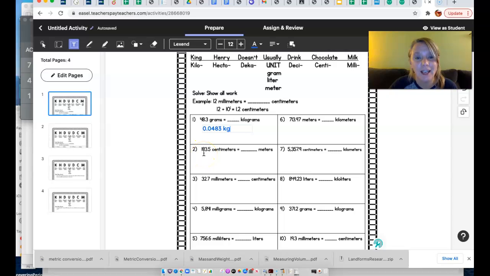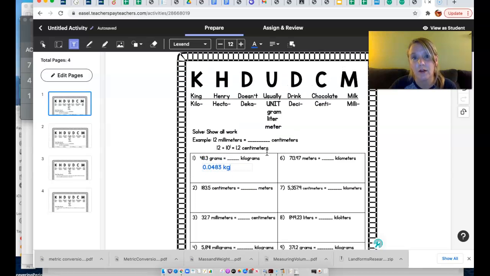183.5 centimeters equals how many meters? All right, we're going from centimeters. We're going to go over to meters because that's the standard unit of measurement here for length. So we go 1, 2 spaces to the left. Here is the decimal right here between the 3 and the 5, and we're just going to move it 1, 2 spaces to the left.